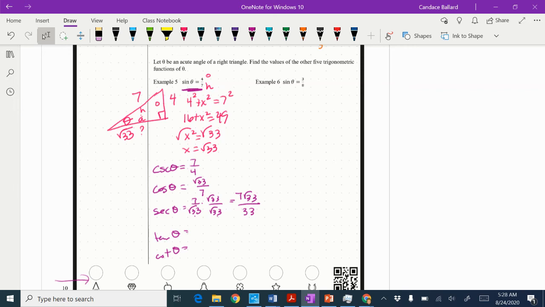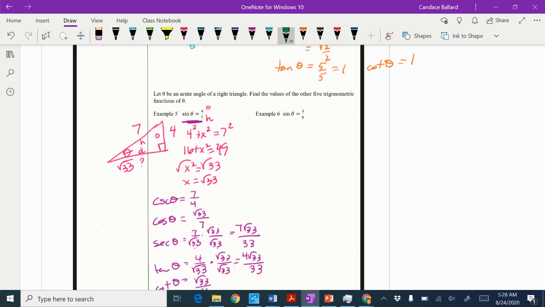Okay. The tangent would be the opposite, 4 over the square root of 33. So now I'm not going to rationalize that yet. I'm going to flip it first for my reciprocal, and then I'm going to rationalize. That way I don't get the wrong reciprocal answer or have to rationalize again. So 4 square root of 33 over 33.